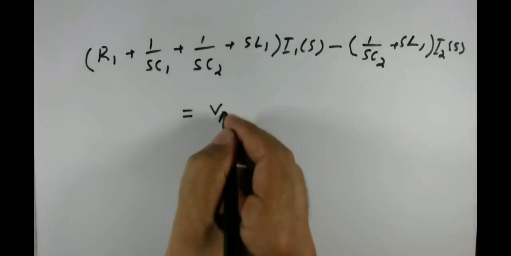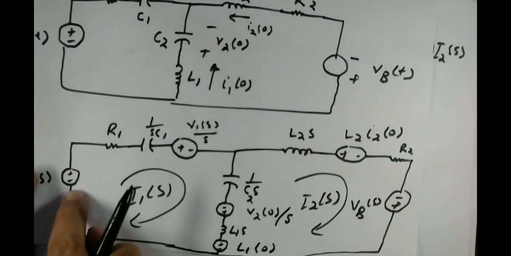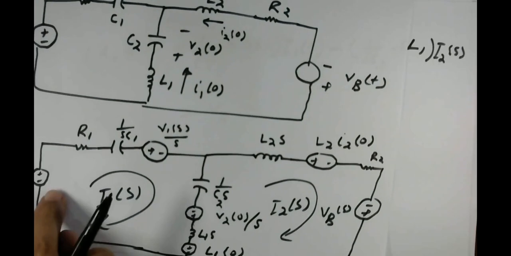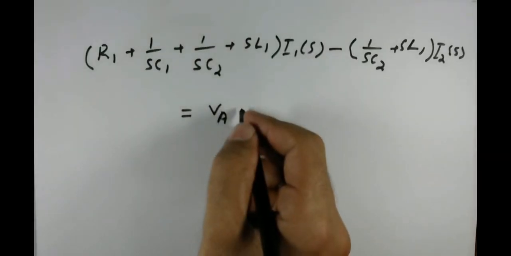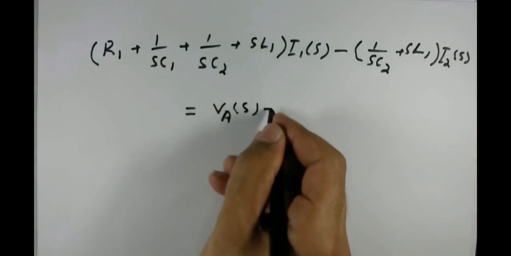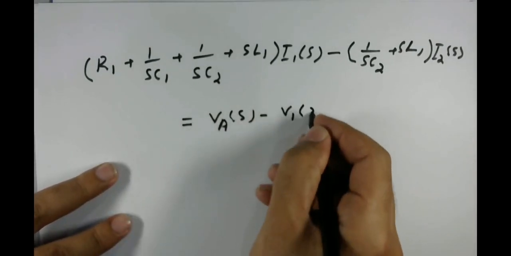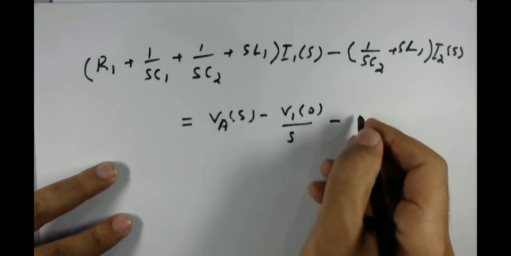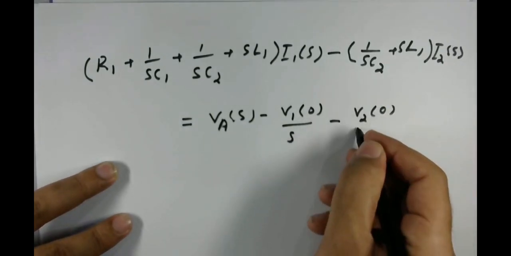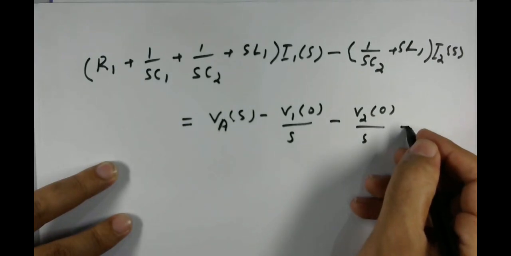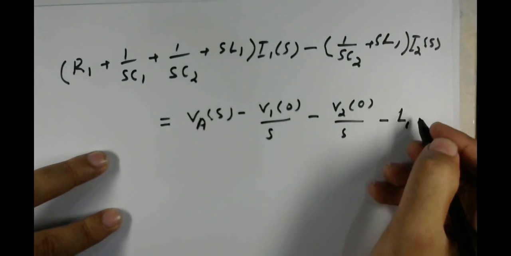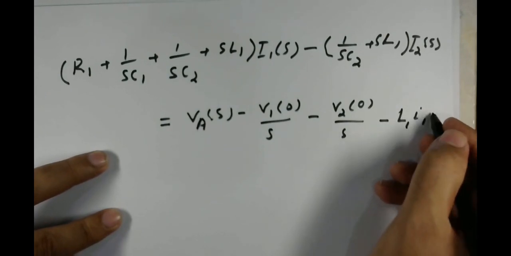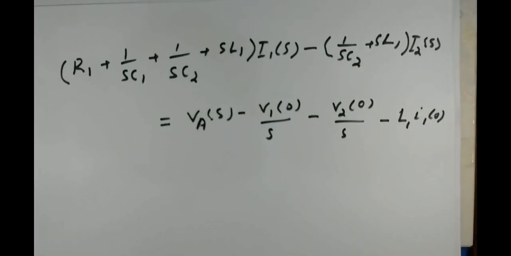So here I'll use the positive sign convention for this source. If this is positive, I'm going from this to this one, so this will be negative, this will be negative, this will be positive. So this is VA of s minus V1(0)/s minus V2(0)/s minus L1 I1(0).